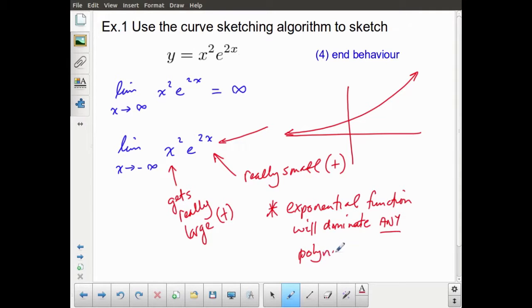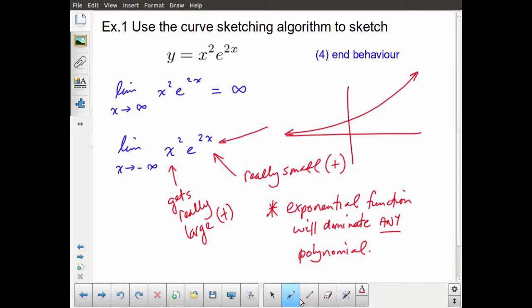So when it comes to a battle between an exponential function and any polynomial at all, the exponential function eventually is going to win. The power of an exponential function to grow, the power of an exponential function to squeeze down to zero, will completely overwhelm this polynomial once you get to really big values.